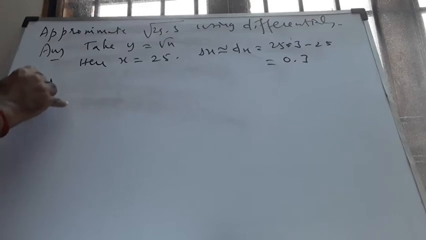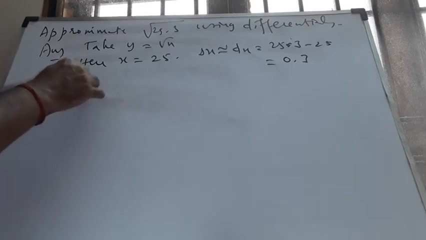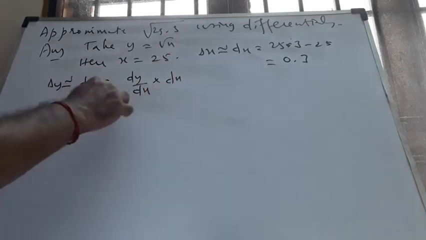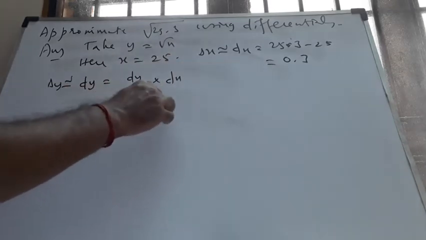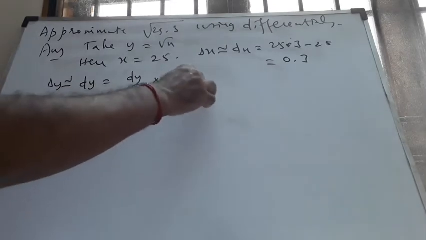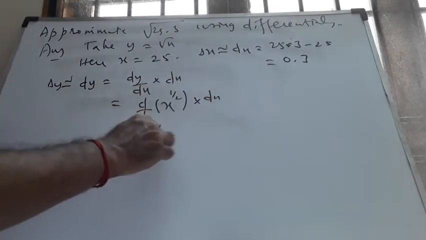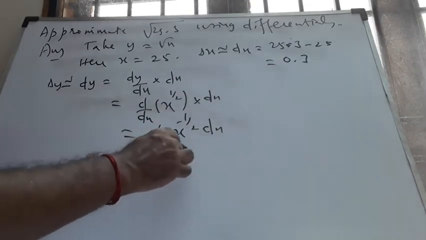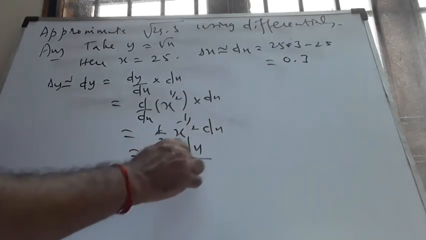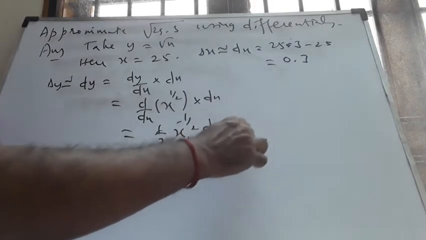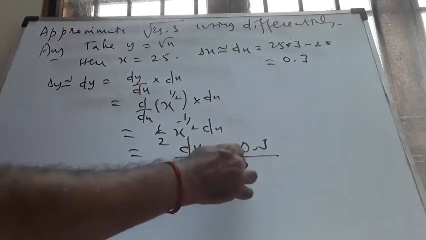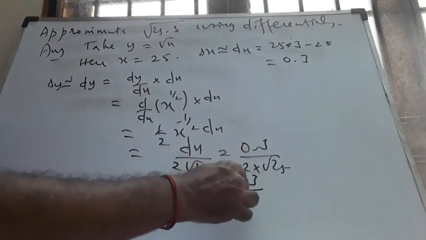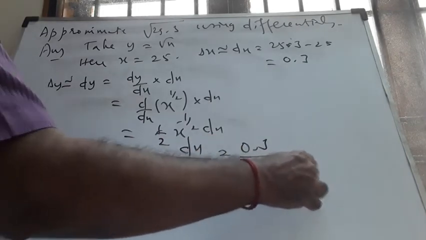Now delta y is approximately equal to dy, which is dy by dx into dx, which is d by dx of x power half into dx. This is half into x power minus half into dx. This is dx by 2 root x, which is 0.3 divided by 2 into root 25, which is 0.3 by 10, which is 0.03.